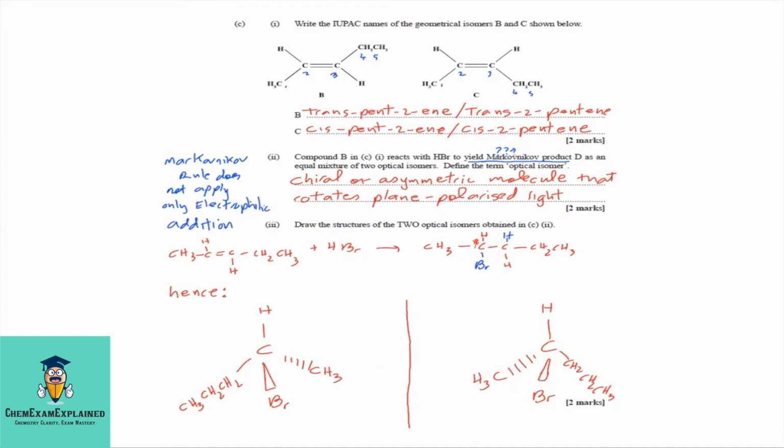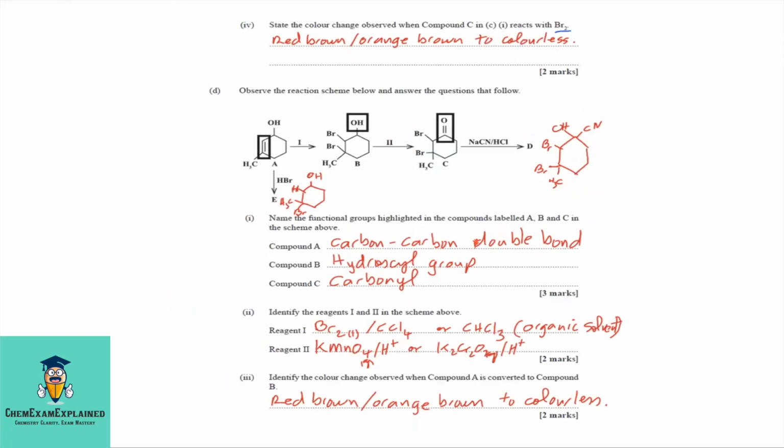And bromine, being red-brown, when it's added to compound C, it should decolorize when it forms Br across the carbon-carbon double bond. So the answer for part 4 is red-brown or orange-brown to colorless.